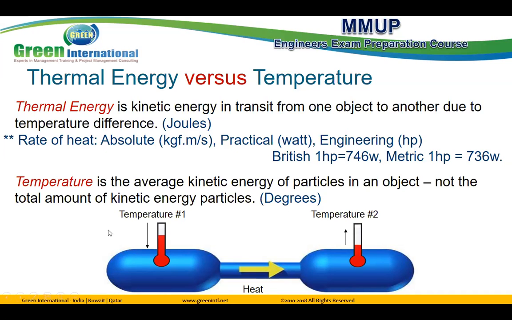So for this body, we have a temperature according to the average kinetic energy of its particles. And for another object, we also have a temperature according to the average kinetic energy of its particles. But due to temperature difference, we have thermal energy passing from the hot body to the cold body.